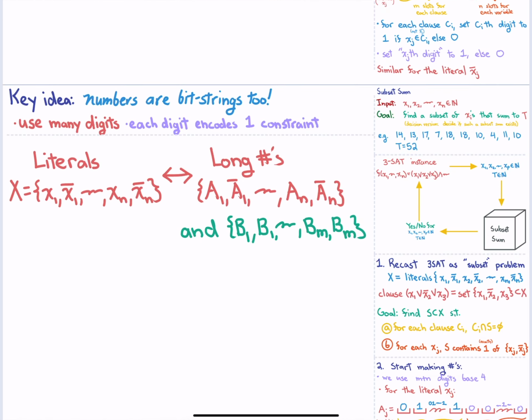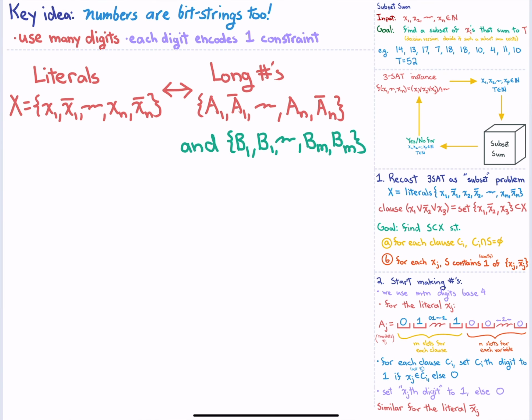Okay, good. So now we have the original Ais from before, plus 2 copies of Bi for each of the clauses, B1 through Bm. And what should T be now?